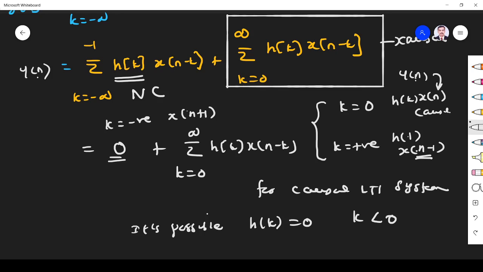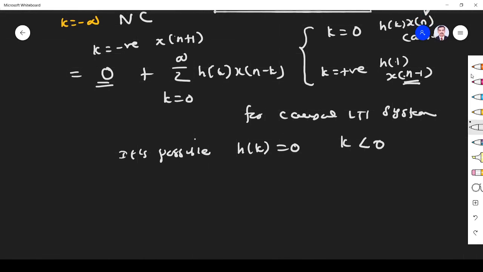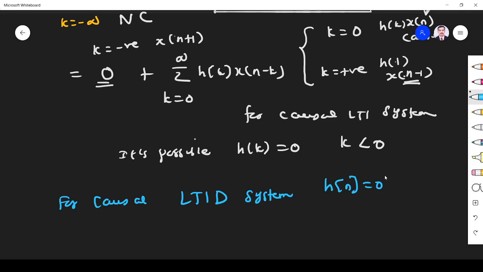So I can write, for a causal LTI discrete time system, h of n, instead of k I substitute n, that is a variable, h of n equals 0 for n less than 0. This is the condition for causality of LTI system.